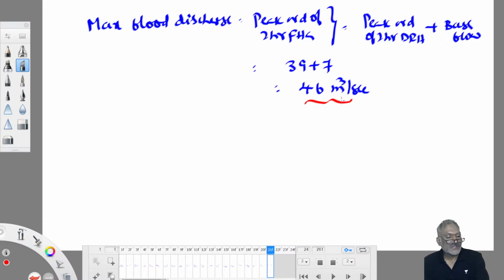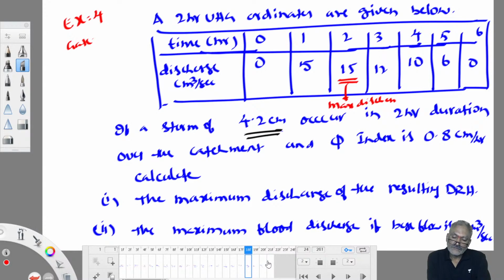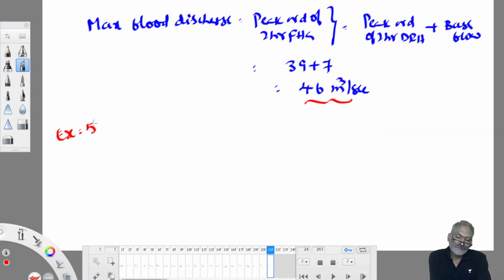Now one more good question let me solve. This is also given in GATE exam. Example 5. Of course, that time they used to ask for 5 hours question.